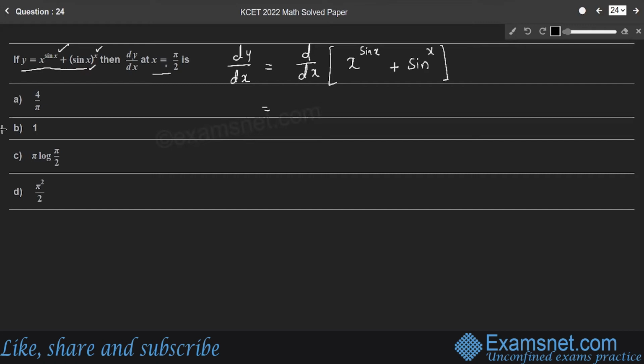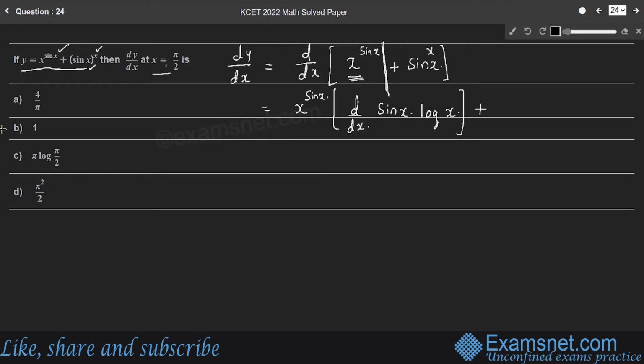So it is the sum of two functions, and its derivative is d by dx of x raised to sin x plus d by dx of sin x raised to x. For the derivative of the first function, it becomes x raised to sin x into d by dx of sin x into log of the base, where the base is x, so log x.